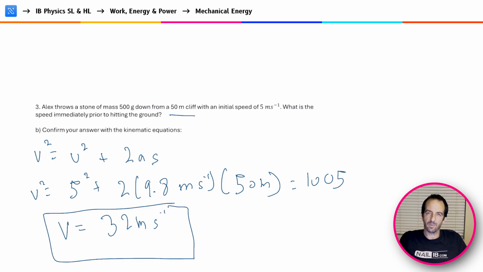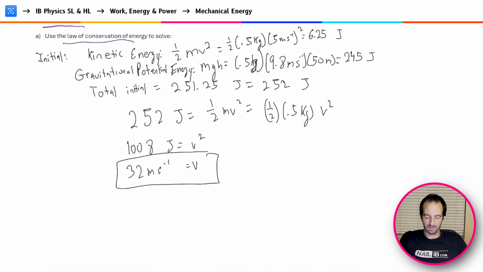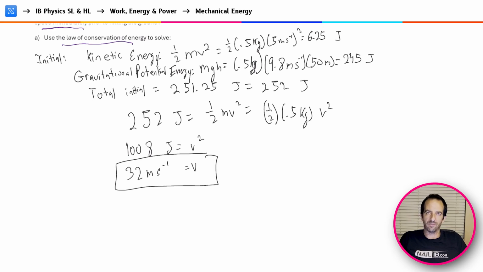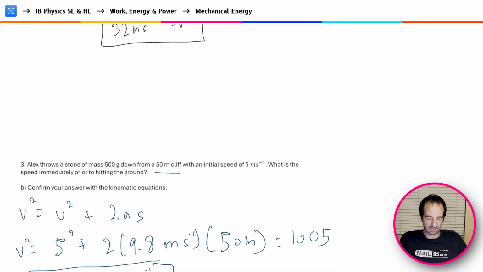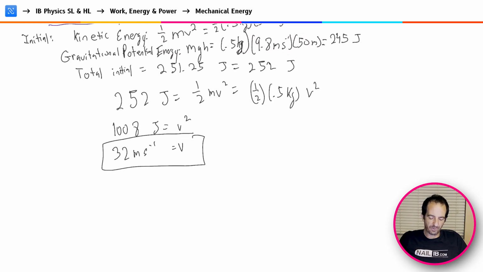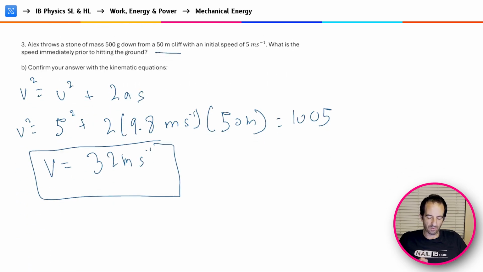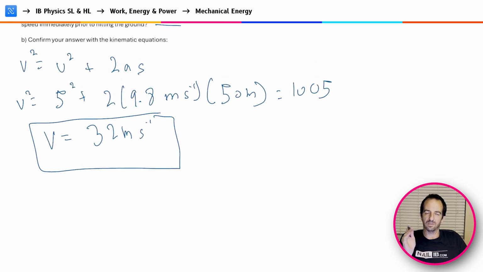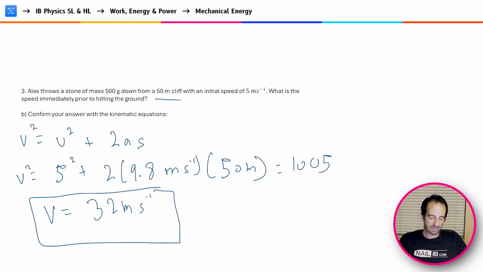But here we solved it with our A1 kinematics material. In part A, we solved it by using the law of conservation of energy. In both cases, we came out to the same answer of 32 meters per second. A little bit of a difference here is due only to rounding. Right here, I have 1,008 joules, but don't let that throw you. The only difference was due to rounding, and our final answer came out to be the same, 32 meters per second. Right, so a nice problem.